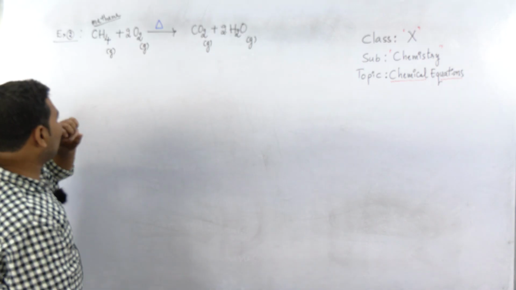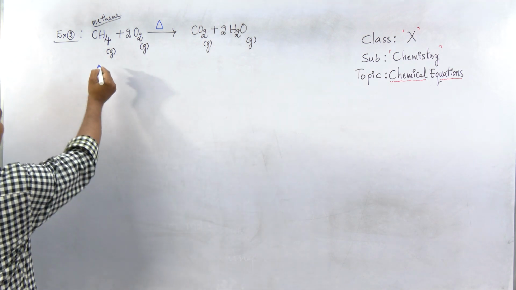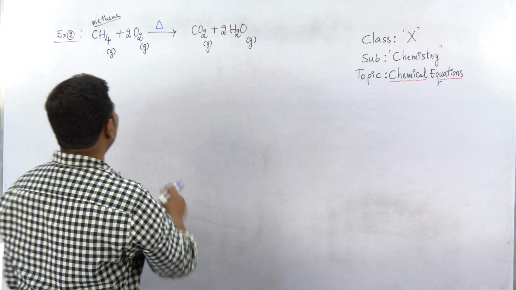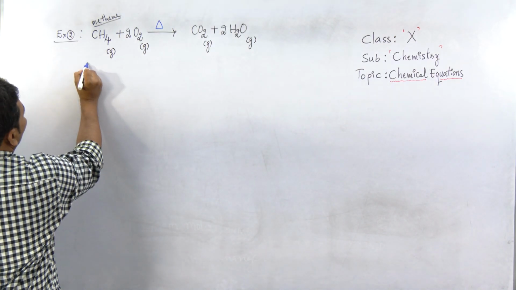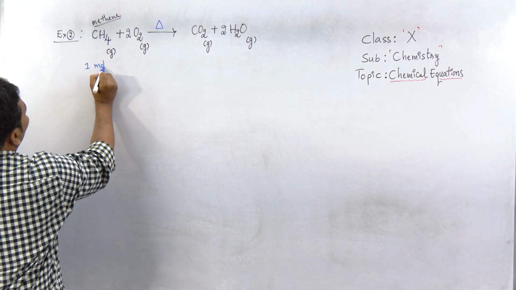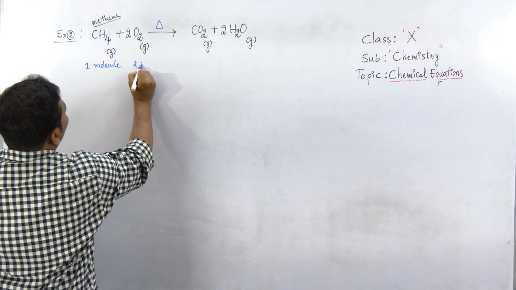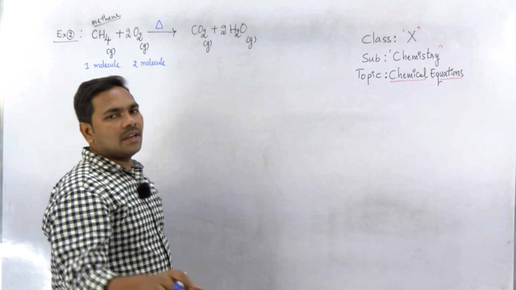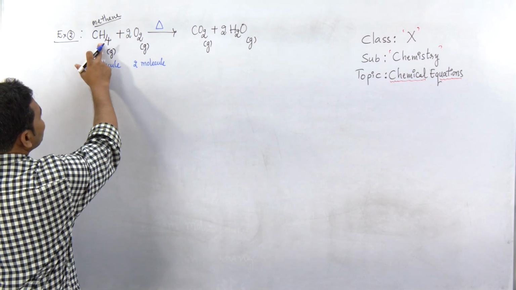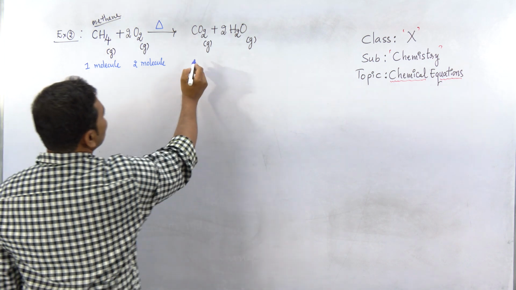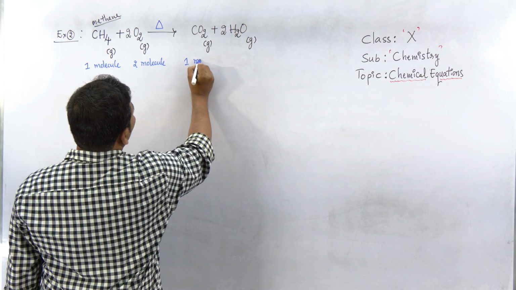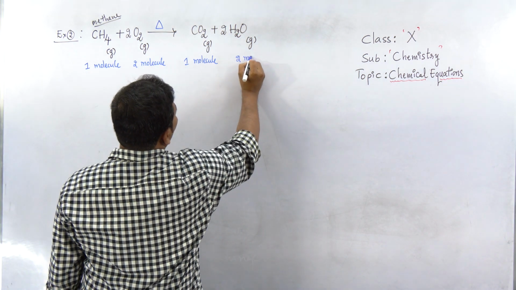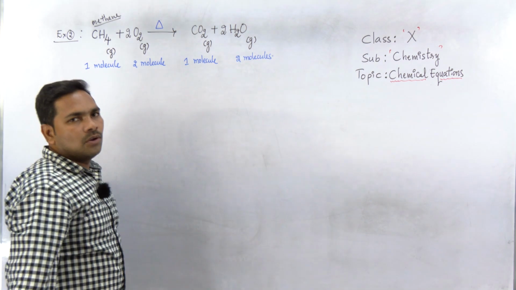Now let us understand more information from this. Firstly, we just rely on the coefficients. The first coefficient is 1, which means 1 molecule of CH4 needs 2 molecules of oxygen for complete burning, and that produces 1 molecule of carbon dioxide and 2 molecules of water.